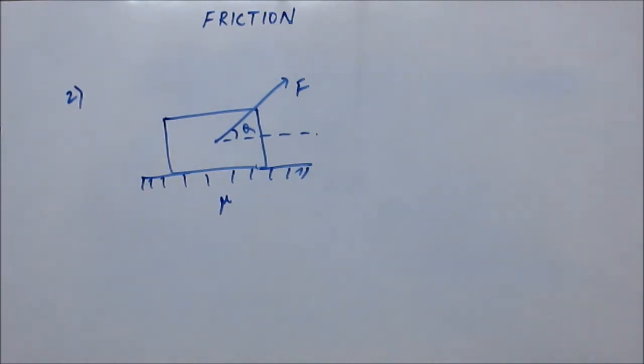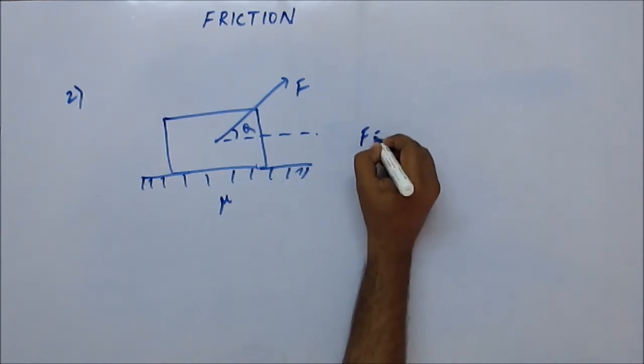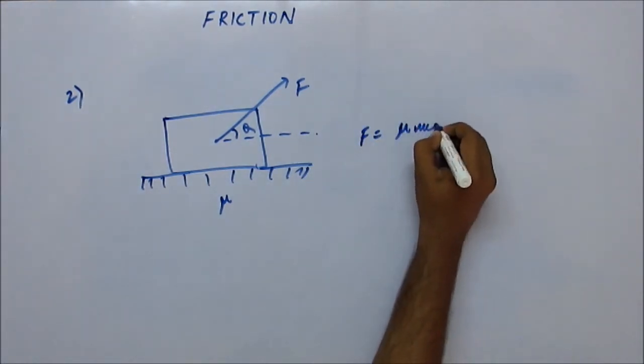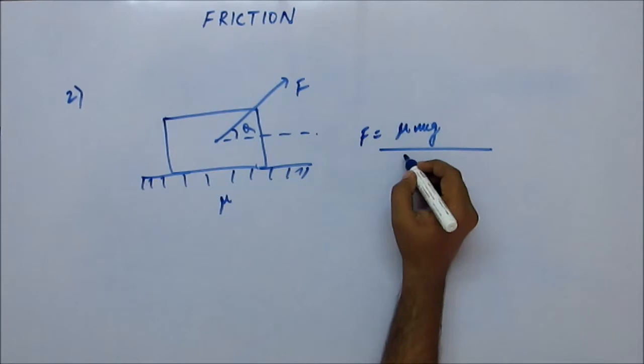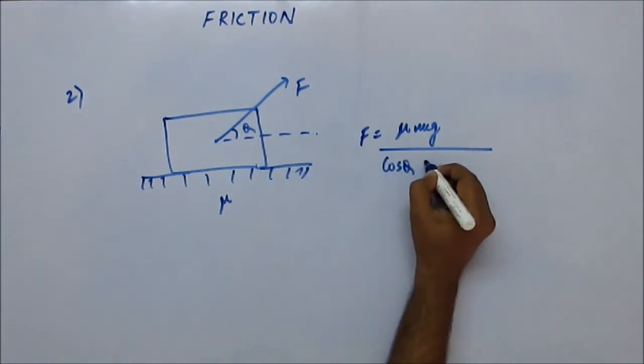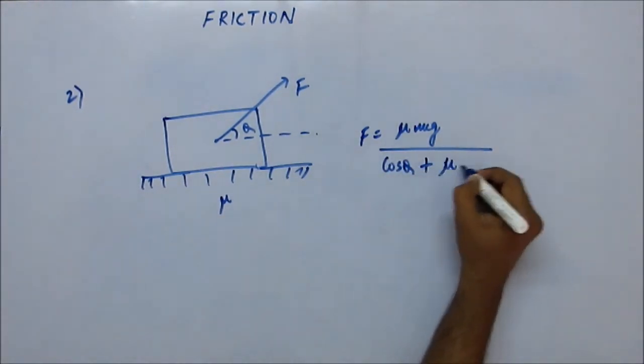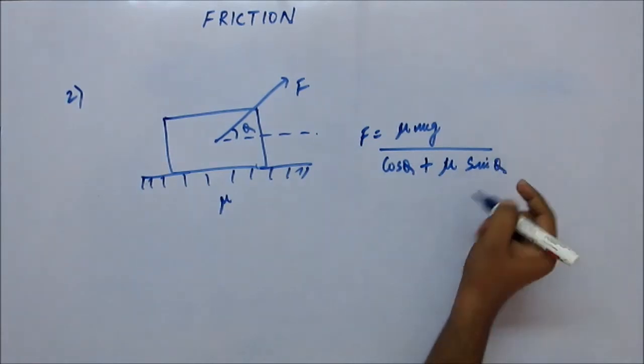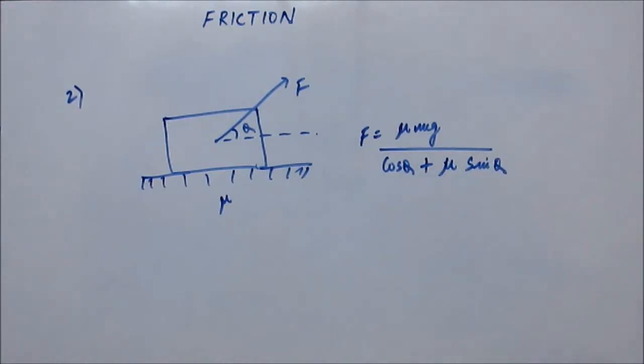So I'm giving you the answer. If you got your answer, then you're doing fine and you can skip the discussion. This should be the minimum amount of force that you should apply for the block to begin motion.